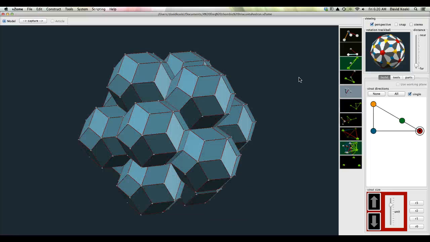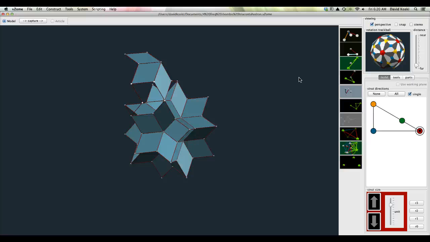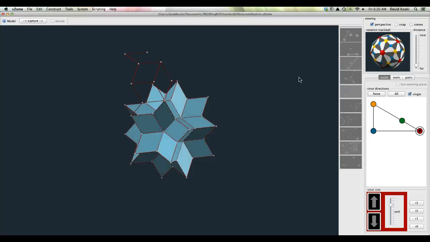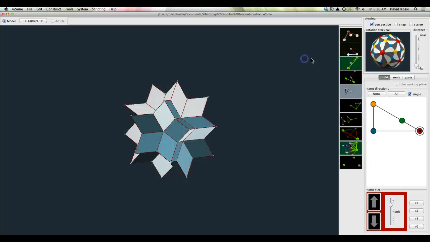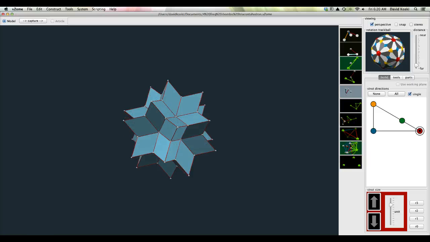Now I just have the 12 triacontahedron around the hexacontahedra. And there's your hexacontahedron right there. Oops. There. Okay. Well, that was it.